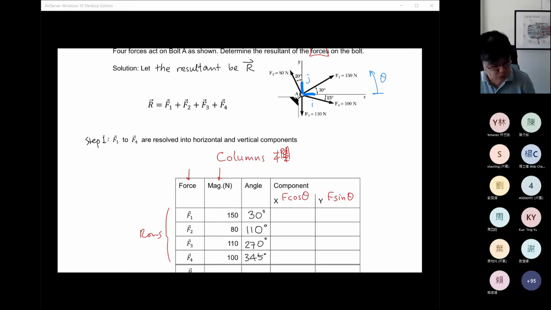And so 150 newtons times cosine 30 degrees is 129.9 newtons, and F sine theta is 75 newtons. And then you do the rest, or you check the textbook to write down the rest.